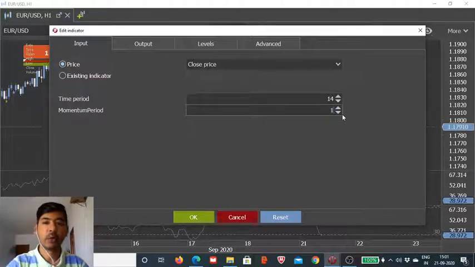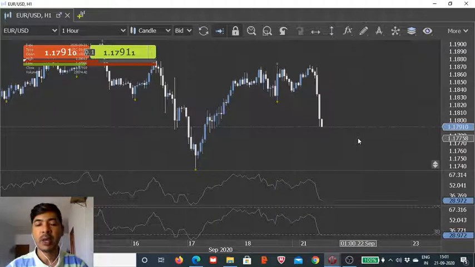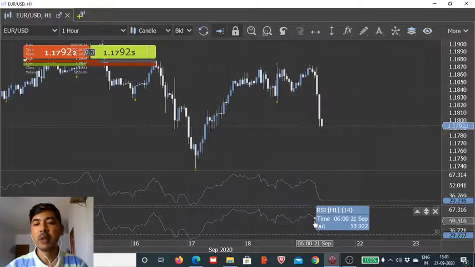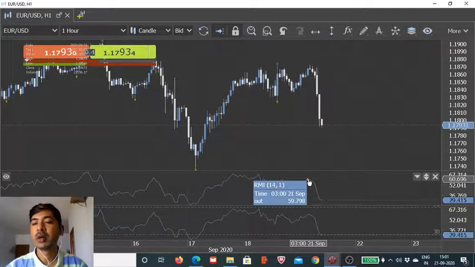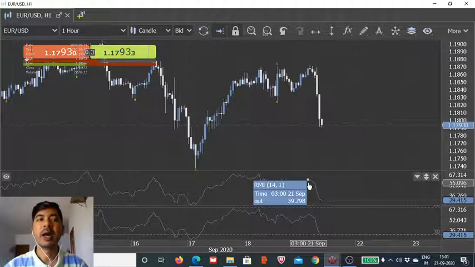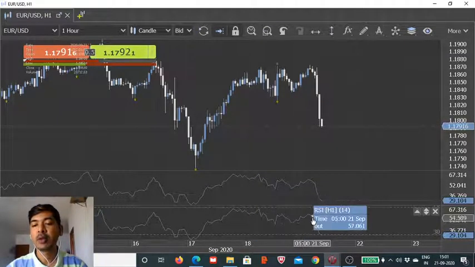I'm doing this to show you the similarity and where the difference crops up, so you can compare these values. RSI is basically RMI defined for the same time period using the average change at 1. If we take the average change to be different, then we will have different values for the RMI. Apart from that, there is not much of a difference.